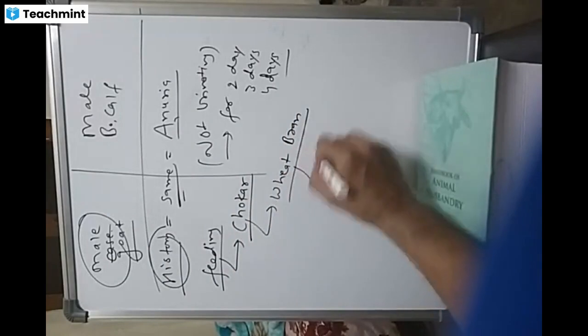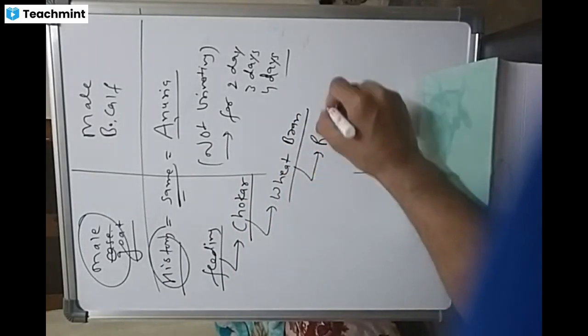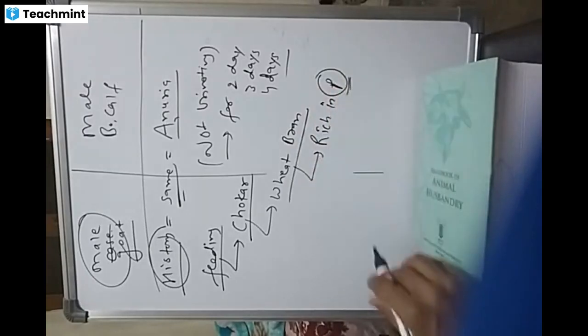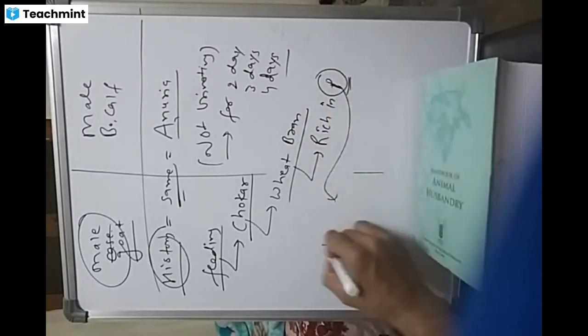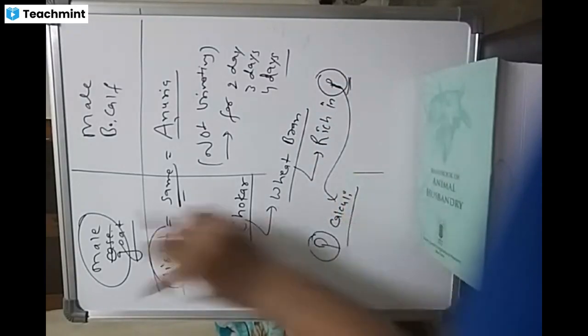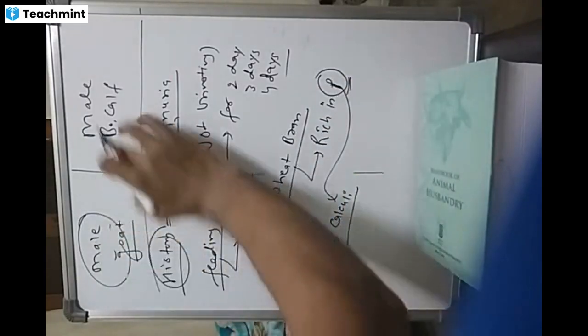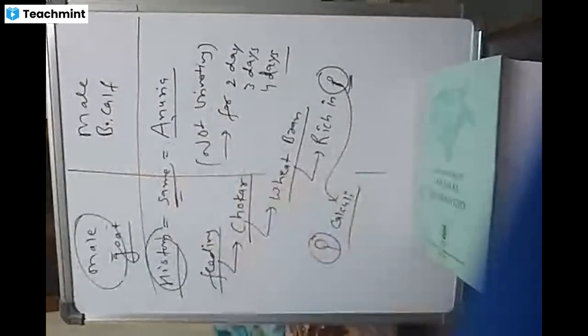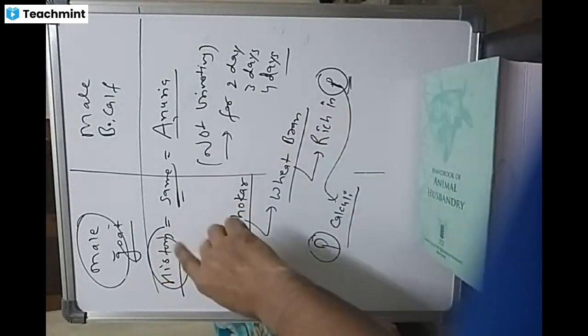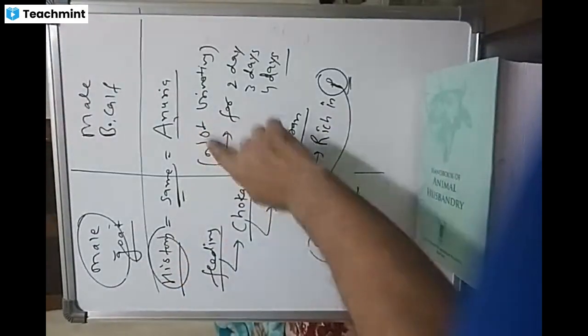Wheat bran is rich in phosphorus. So this phosphorus may lead to phosphate calculi in male goat and male buffalo calf. So daily here, what we are getting is the history of not urinating.